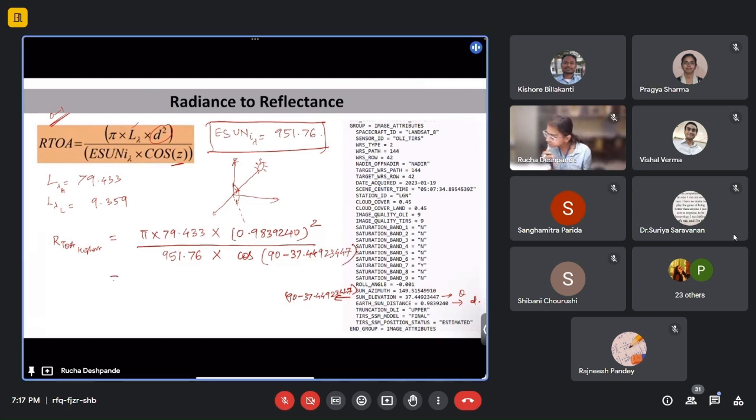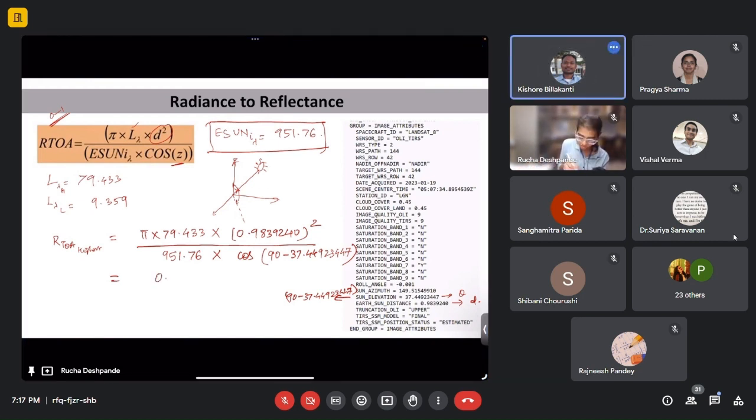So my value is around 0.41742. Is anyone getting something nearby?